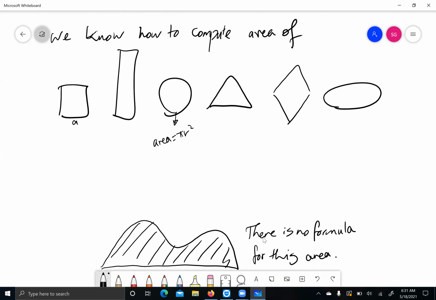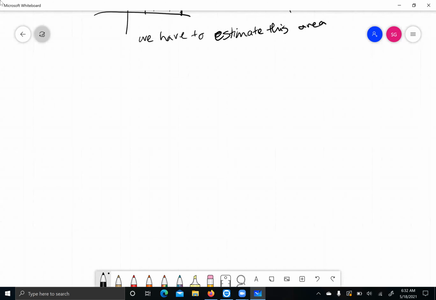If this side is A, then the area of a square is A squared. If this side is A and this side is B, then the area of a rectangle is A times B. So these are the formulas that we know, and we don't have any more options.